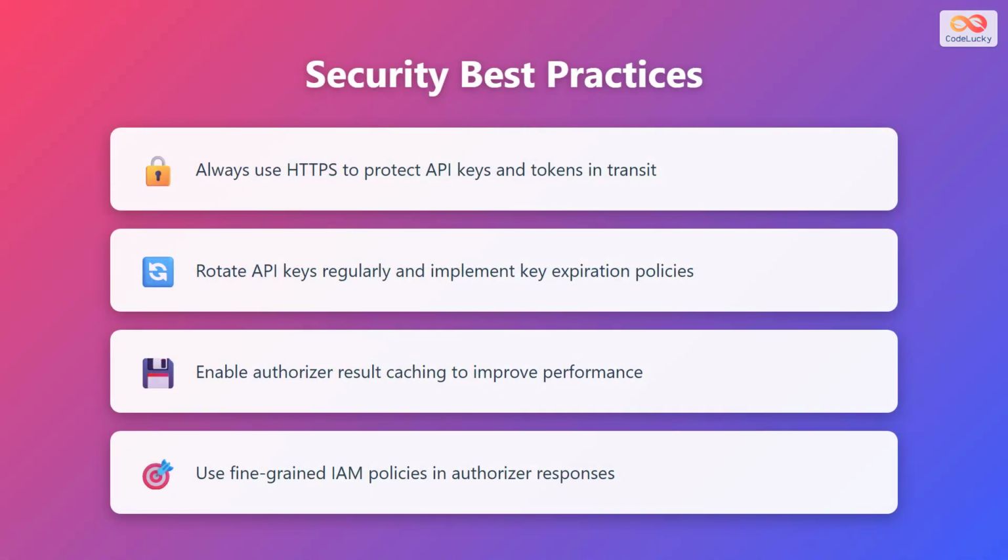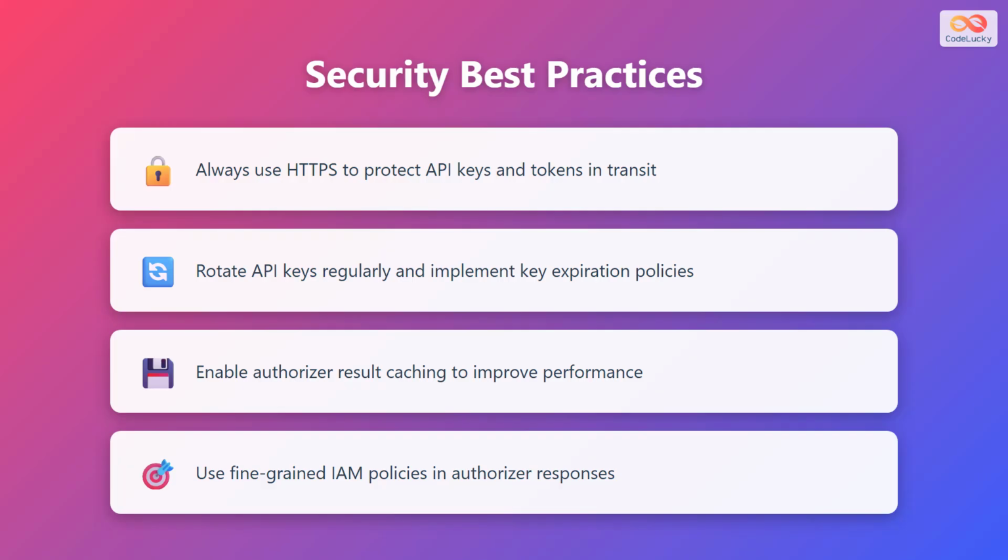Let's wrap up with some essential security best practices. Always use HTTPS to protect API keys and tokens in transit. Without encryption, tokens can be intercepted by malicious actors. Rotate API keys regularly and implement key expiration policies to minimize the impact of compromised keys. Enable authorizer result caching to improve performance.